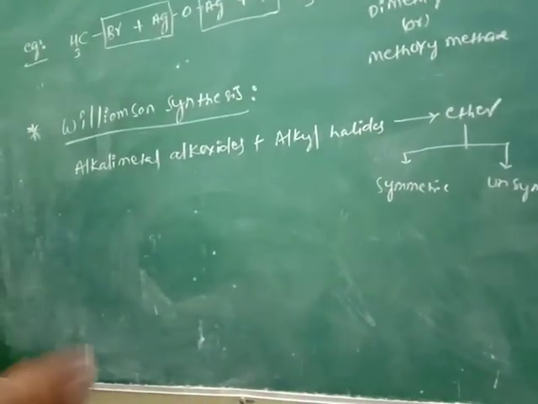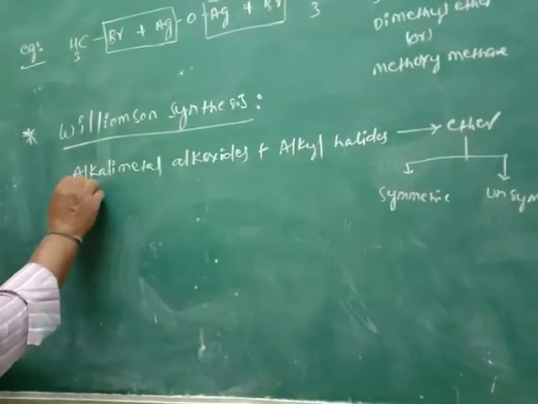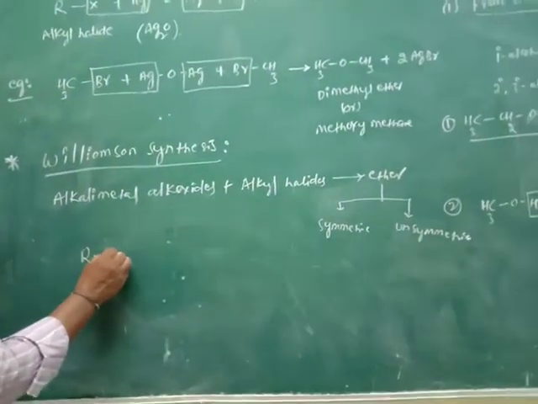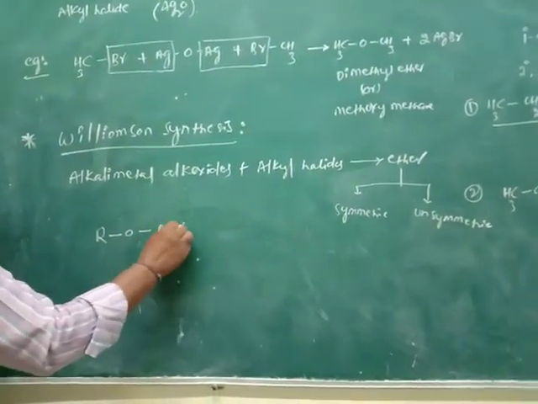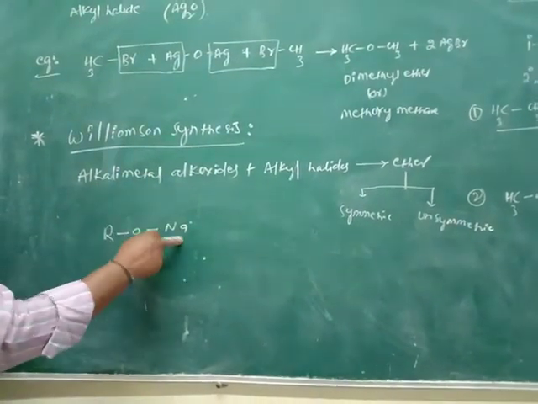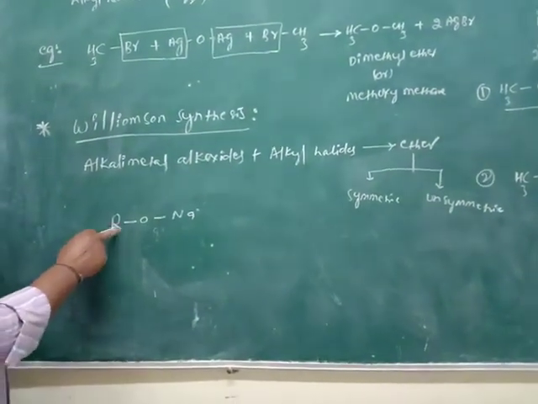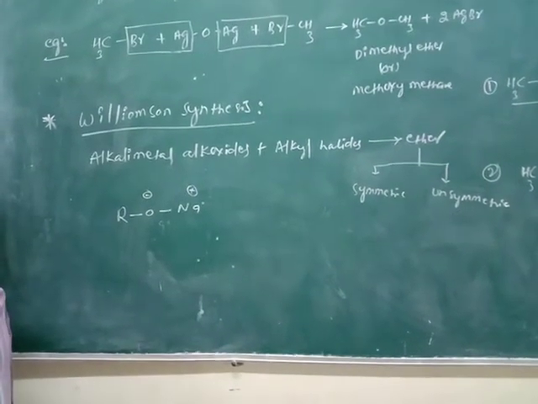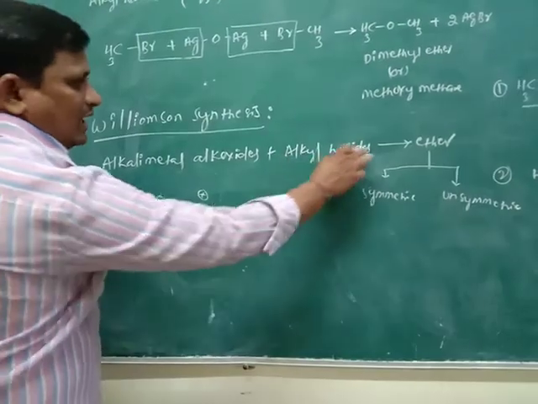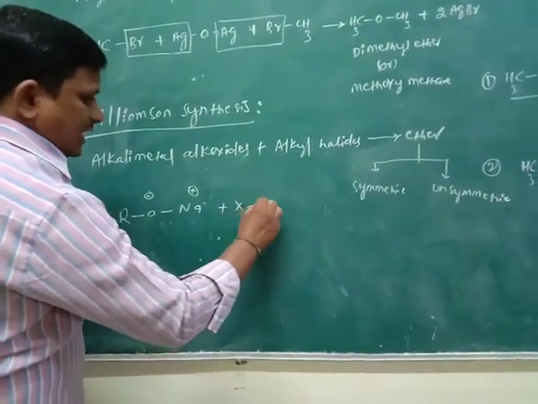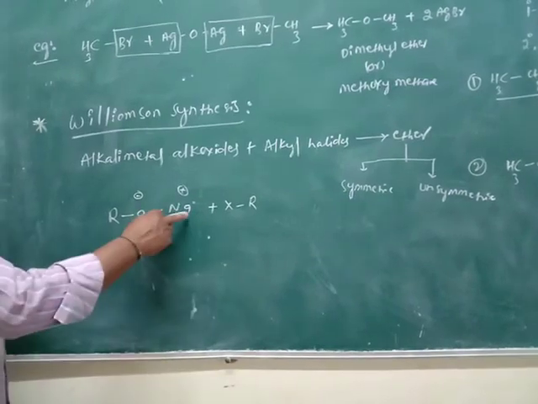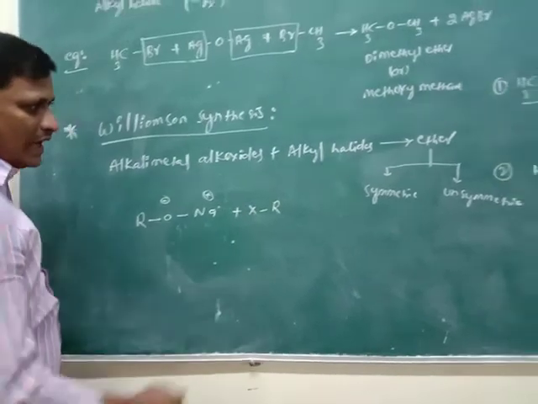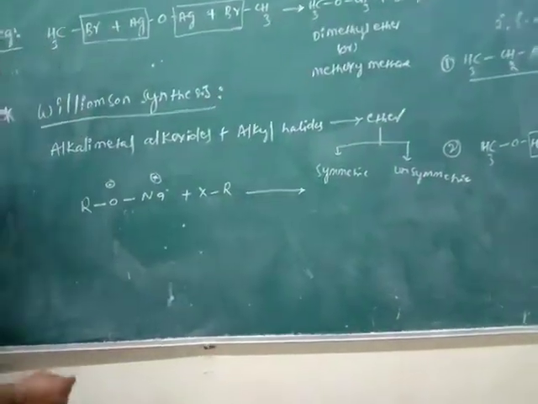It is explained with one suitable example. Alkali metal alkoxide means R-O-Na. Sodium is the alkali metal, and alkoxide means RO minus, with Na plus. It is treated with alkyl halide, where X is halide and R is alkyl.